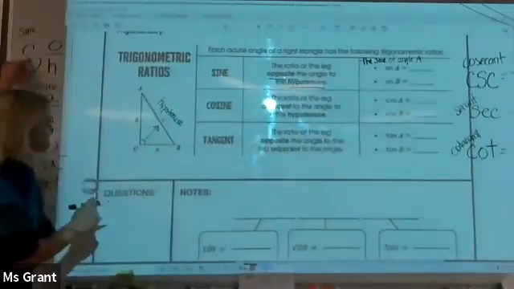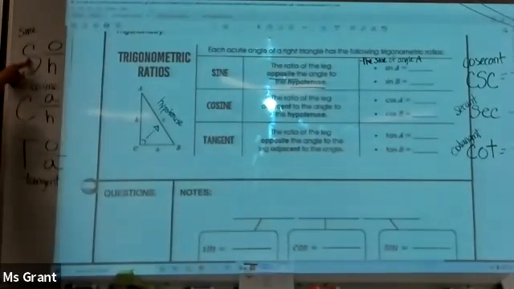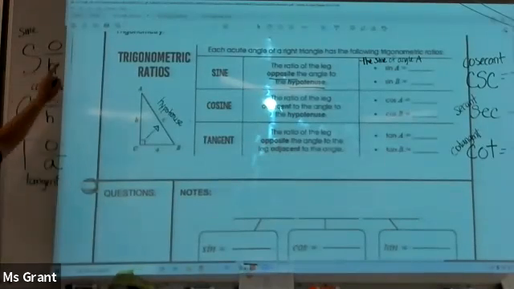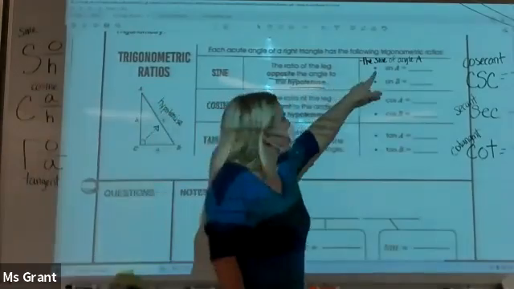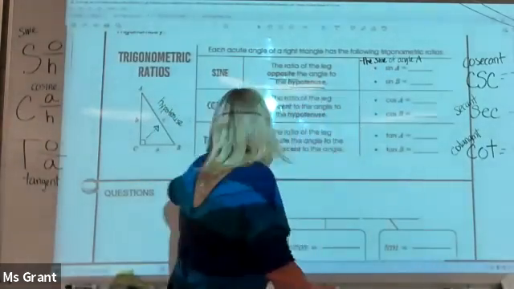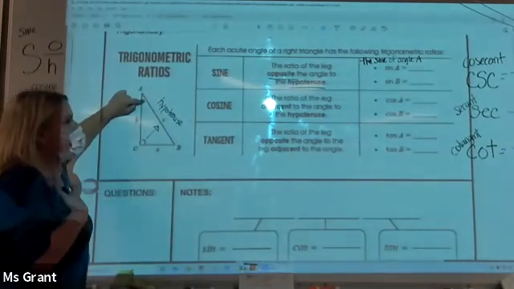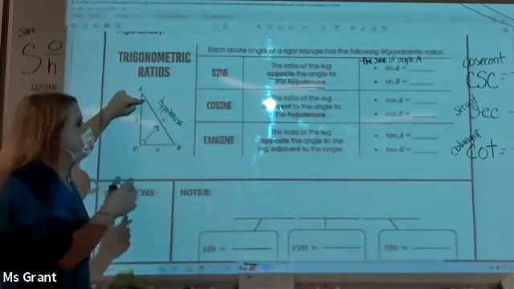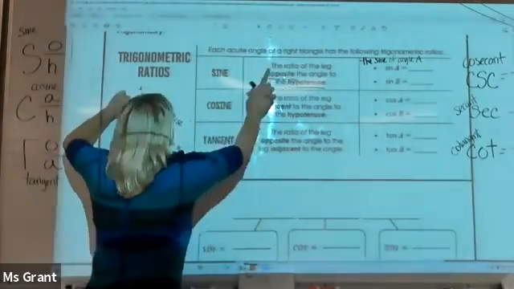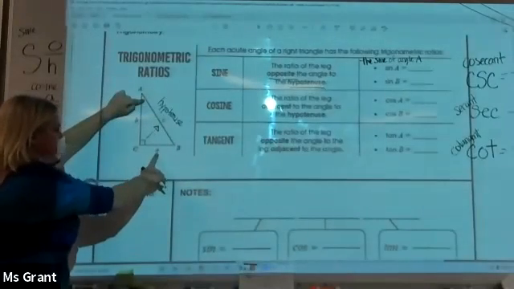Look here, I wrote it, and you probably will see we're going to write this a lot on our papers today. S for sine, opposite over hypotenuse. So the sine of angle A is going to be here. Here's angle A. I want to know what is opposite angle A. Lowercase a.